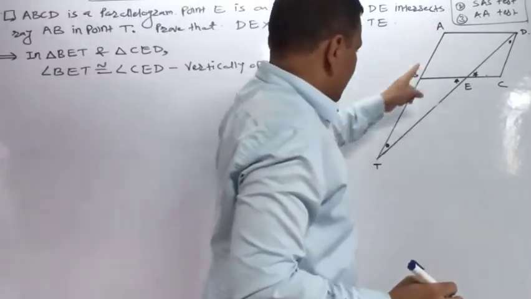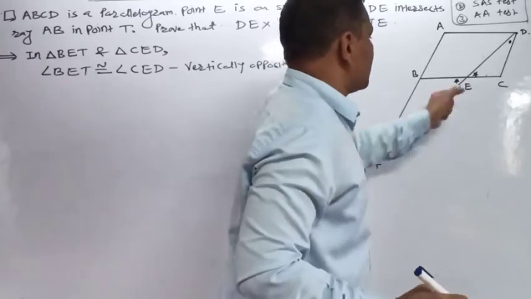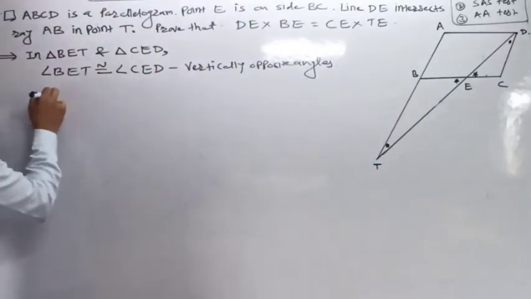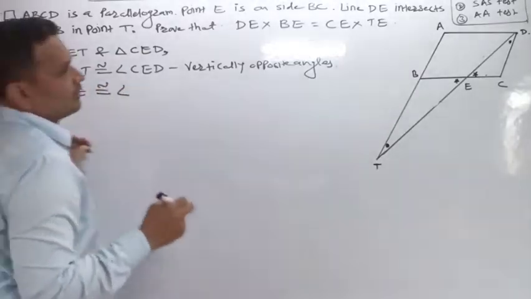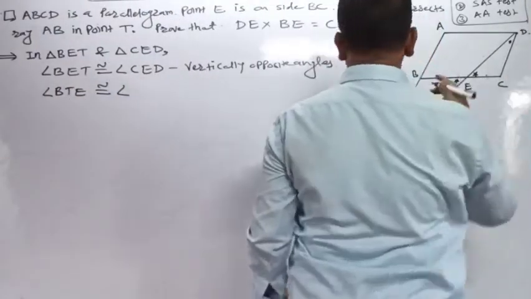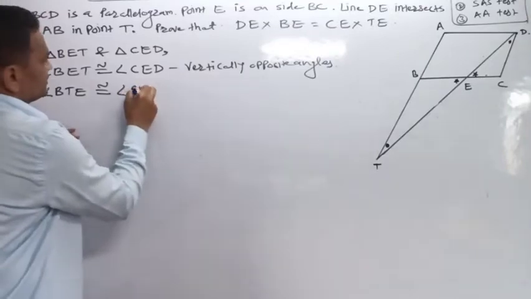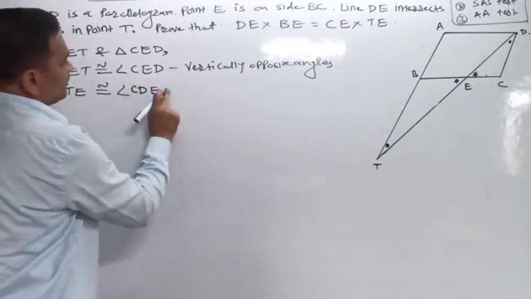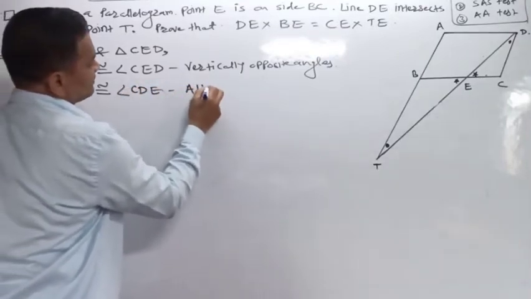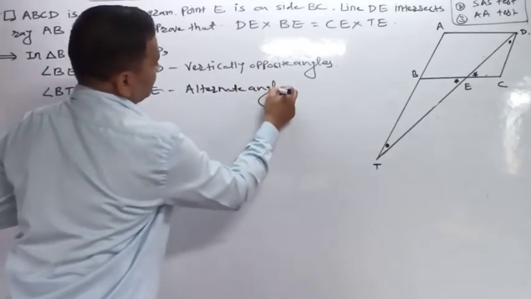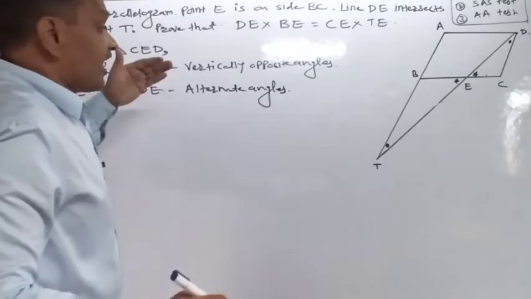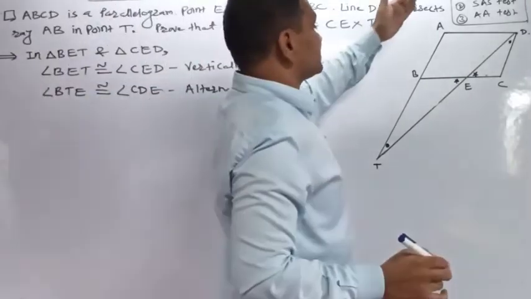Angle BTE is congruent to angle CDE because they are alternate angles. These are alternate angles formed by the parallel lines AB and CD.